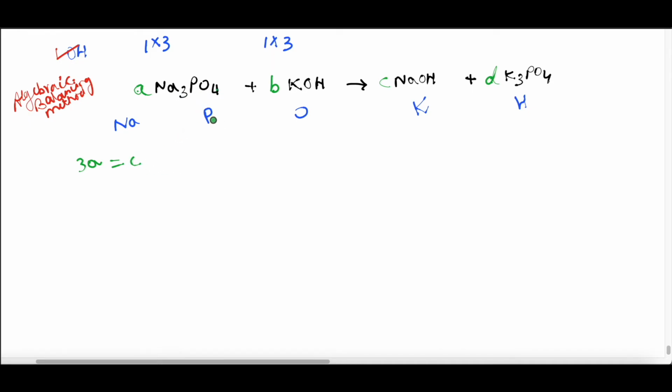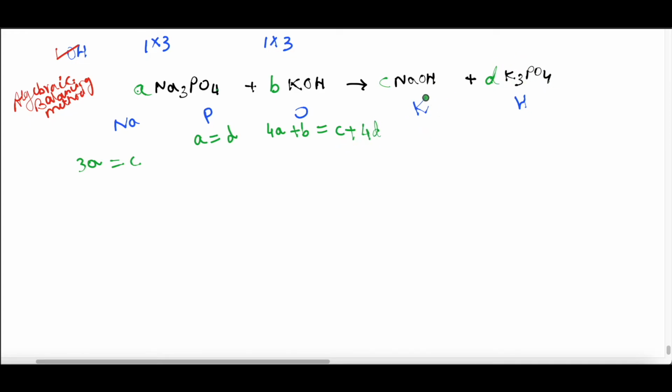Then move on to the next element, that is phosphorus. So we have A is equal to D for phosphorus. Then for oxygen we have 4 times A, but there is one more oxygen. So here plus 1 times B, that is B is equal to 1 times C plus 4D for oxygen atom.